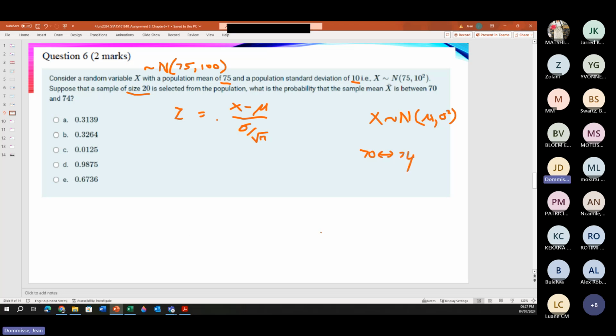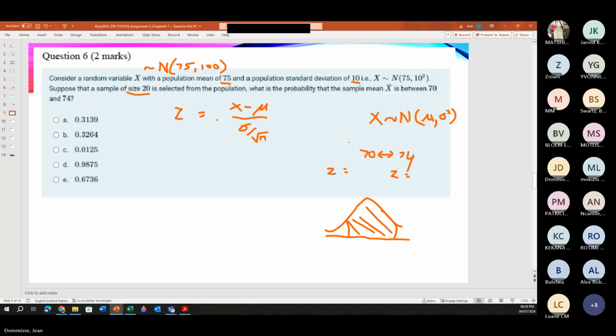So what we will need to work out is what is the Z for the 70 and what is the Z for the 74, and then we need to work out what's the probability between those two. So let's first work out what is the Z, so that we can see if we need to change this graph, if it makes sense, if it doesn't make sense.